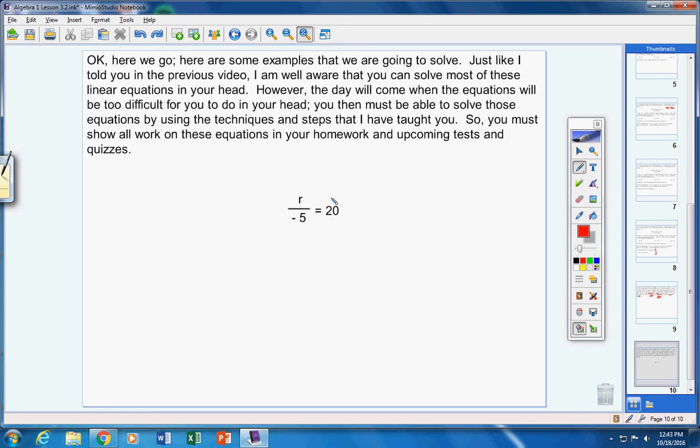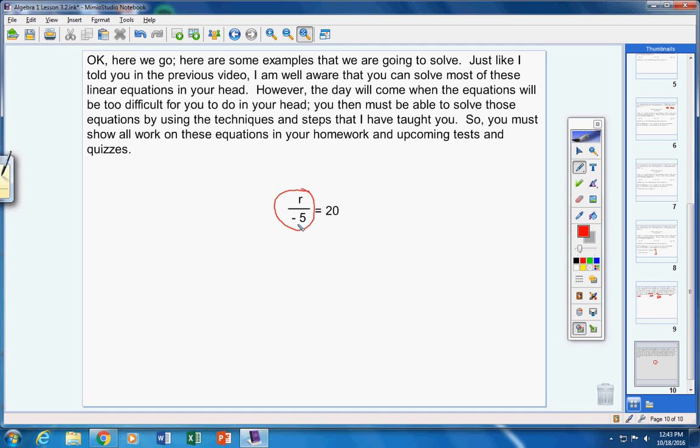So if I want to get r by itself, what number do I want to get rid of? -5. Okay? So you do not want to take the -5 and bring it over and make it a +5. Please do not do that. Why? Because this is one term right here. Got it? That's one term. And if you move the -5 up, you're splitting up a term.